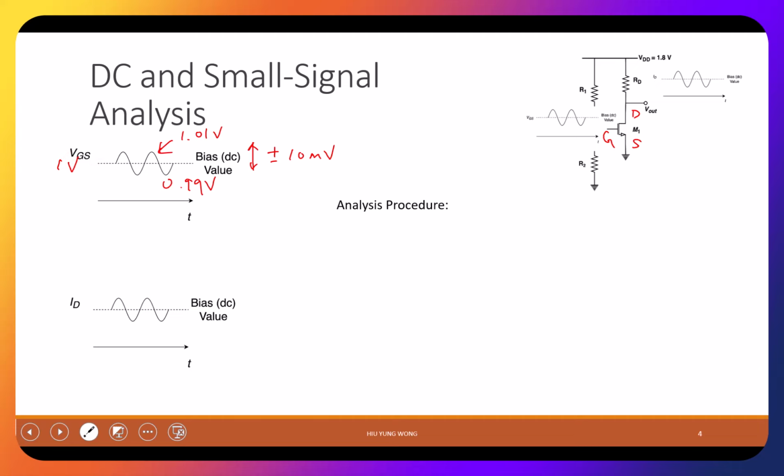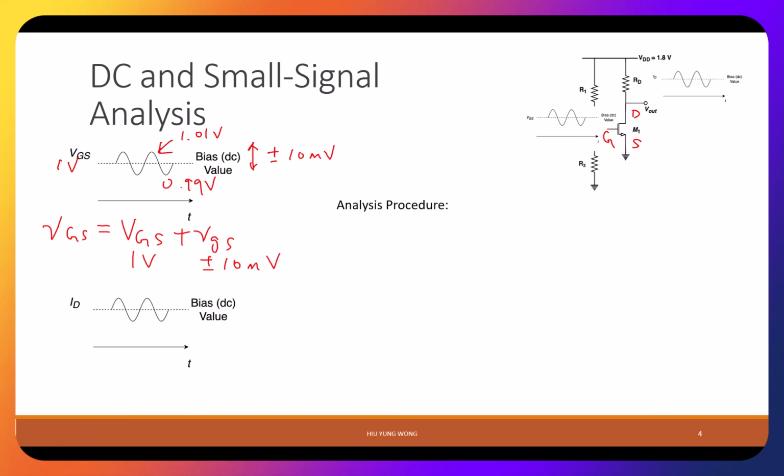We can see it, usually with a lower case, as the total signal: DC bias plus AC signal. So this is the 1 volt and this is the plus minus 10 millivolt. That is the total signal that goes into the gate of this transistor. Make sense? Are you okay with this?